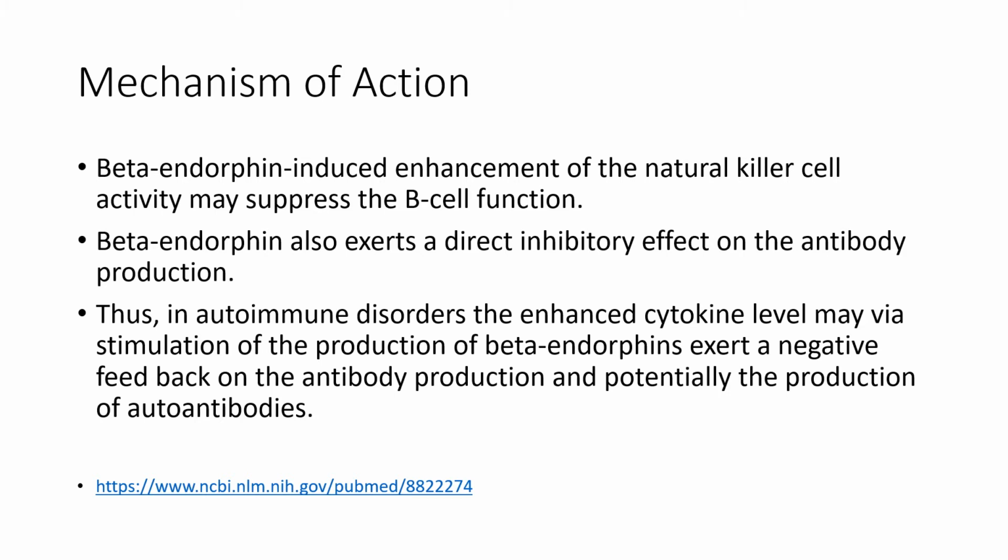So we'll see in autoimmune disorders, the enhanced cytokine level may, via stimulation of the production of beta-endorphins, exert a negative feedback loop on antibody production and potentially the production of autoantibodies. This is one of the major mechanisms of action of how LDN works on autoantibodies and autoimmune disorders.